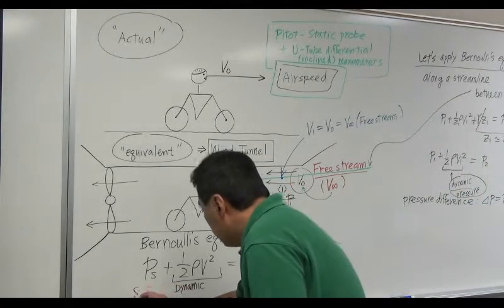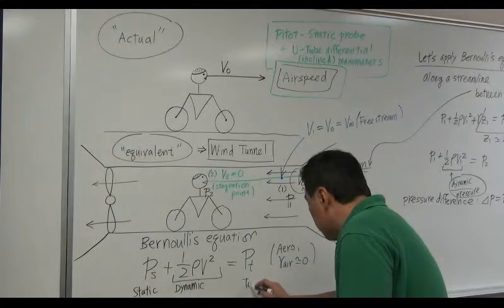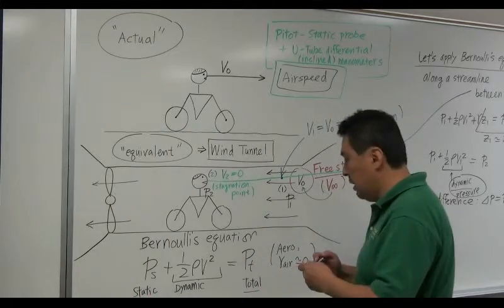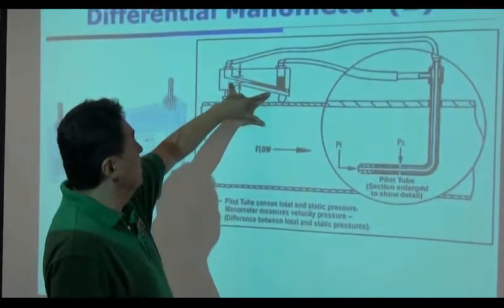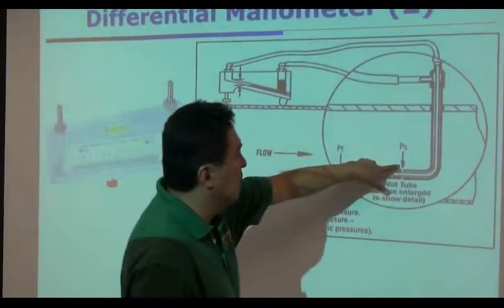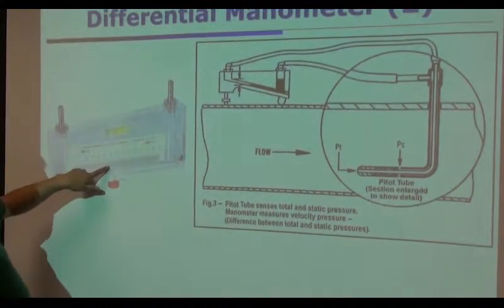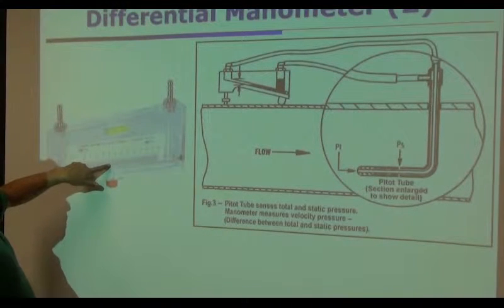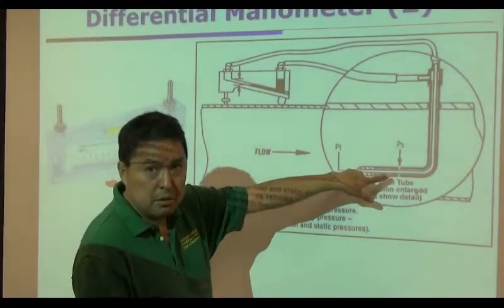So this is the static pressure. This is the total pressure. Total pressure can be measured at the stagnation point. Okay. So what this device does is determine the pressure difference between this port and that port. The reading of this device, typically in inches, is essentially the pressure difference between static and total pressure, which is called dynamic pressure.